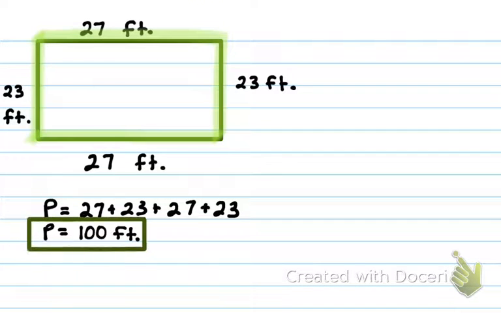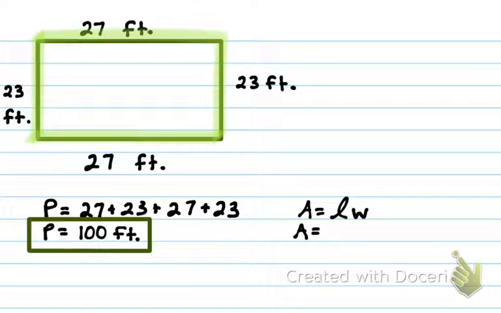Okay, now would I find the area the same exact way? No. What is the area of what shape is this? Rectangle. What's the area of a rectangle formula? L times W, or length times width. Class, what's the length? 27 or 23. It honestly doesn't matter. 27 times 23 is the same as 23 times 27.